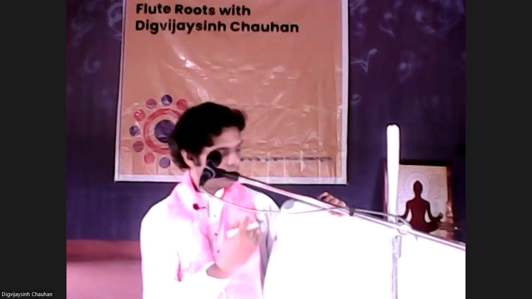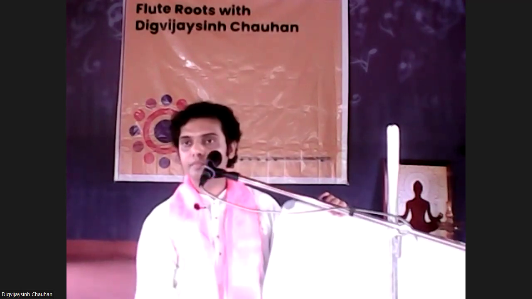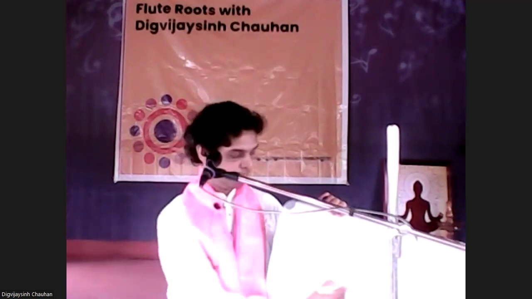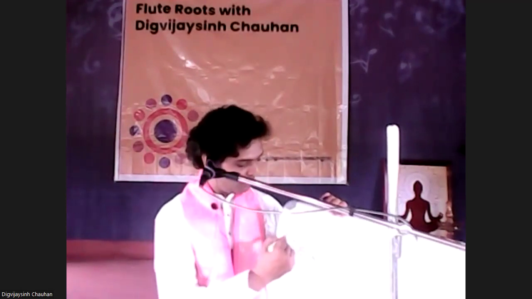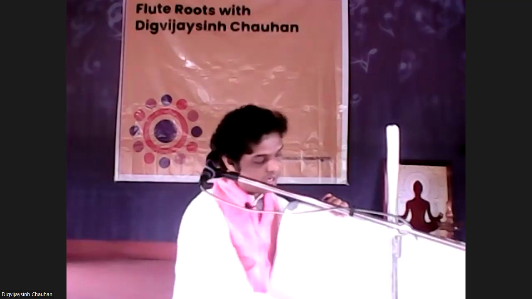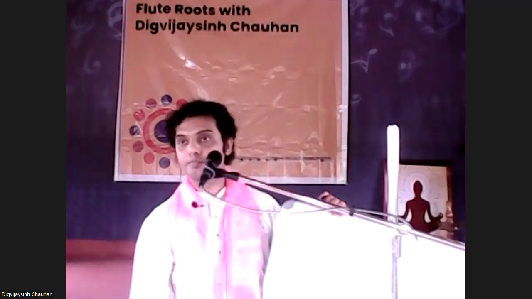We don't have ga, re, or these other notes in our flute. In the higher octave, what comes after dha? Sa, because ni is not there in this raga. So we'll have higher octave sa, then higher octave re, then higher octave ga, and then higher octave pa, not ma. So these are the notes we have for this raga on the flute.